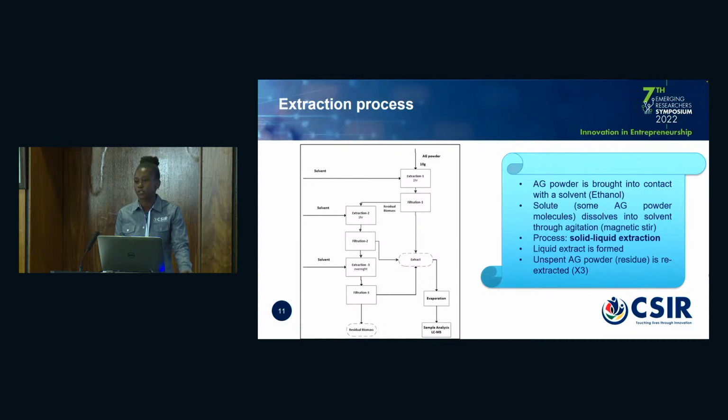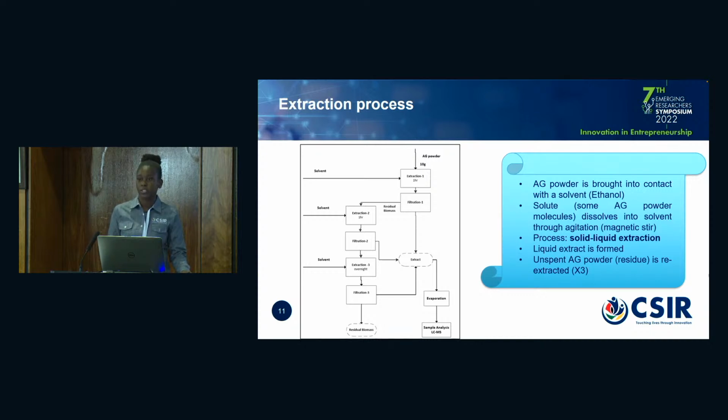Then the liquid after filtration is stored into a beaker for further analysis, and the residual unspent African ginger powder is re-extracted for another hour in a similar process. The second filtration takes place, and the liquid after the filtration is accumulated into the same beaker as before.